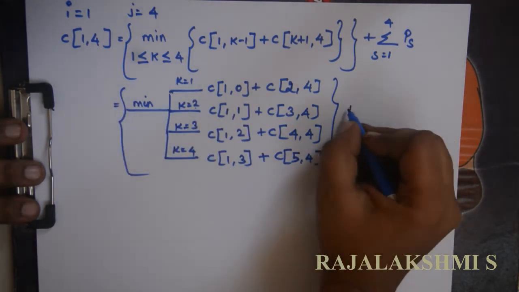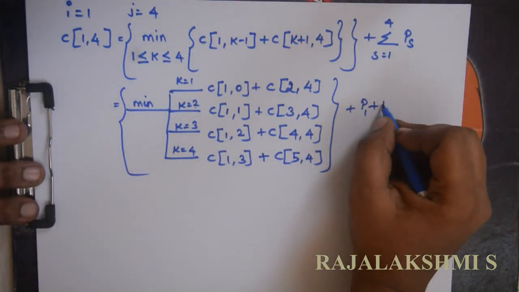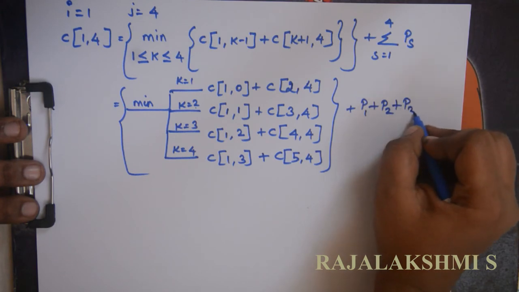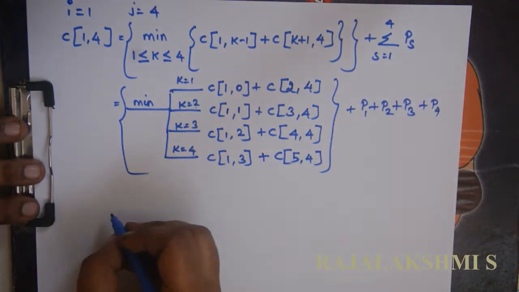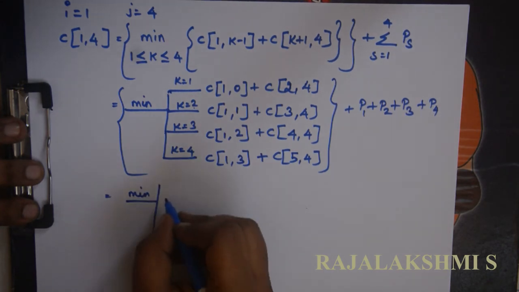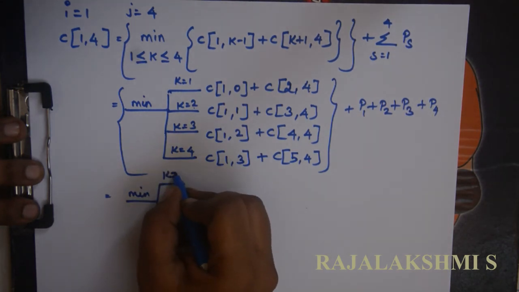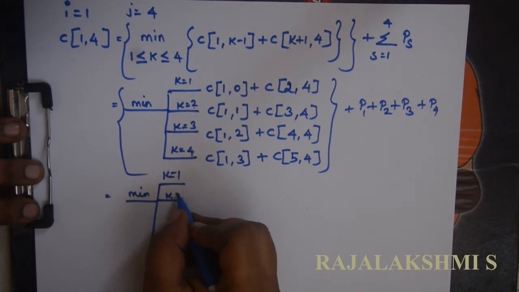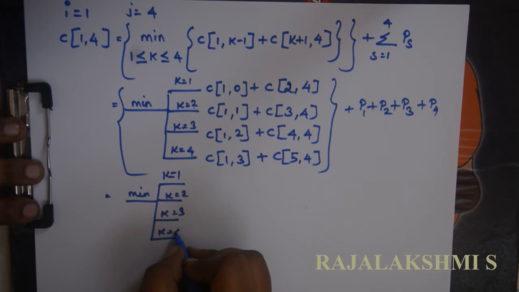After finding the minimum, this has to be added with P1 plus P2 plus P3 plus P4. Okay, so now minimum over k equal to 1, 2, 3 and 4.